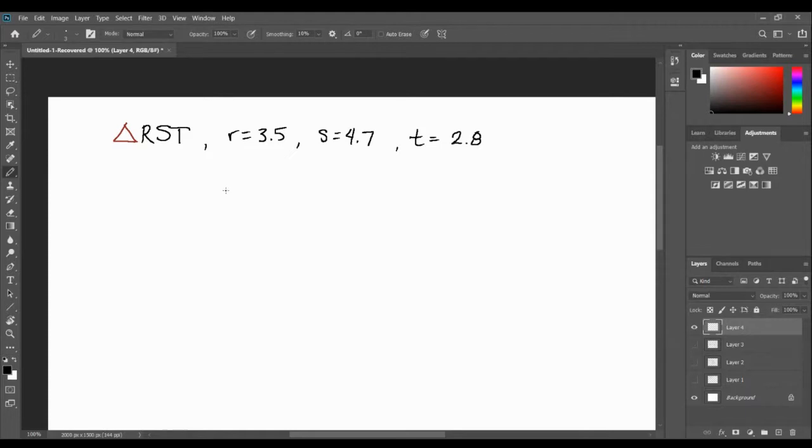Okay, so let's draw a triangle. Side R is 3.5. Side S is 4.7. Side T is 2.8.